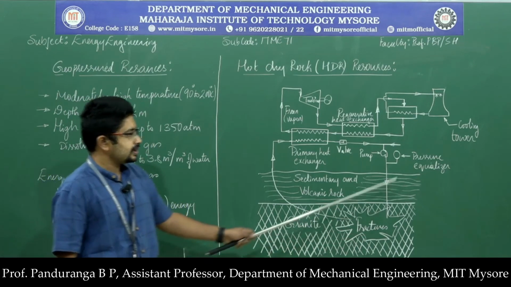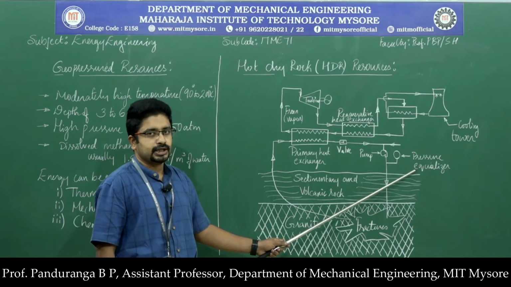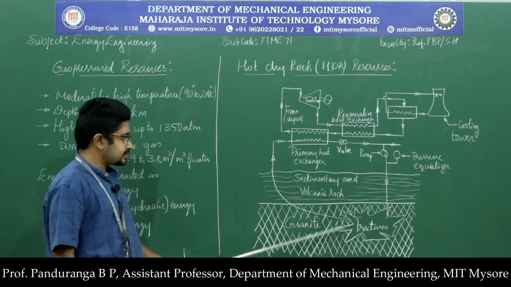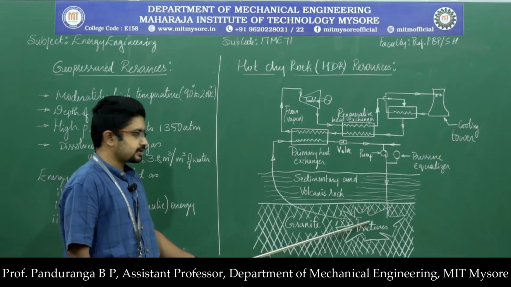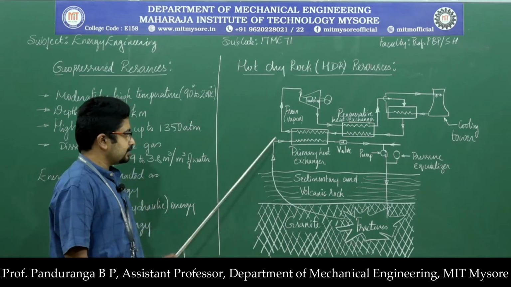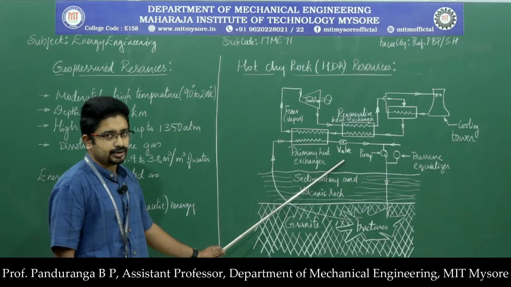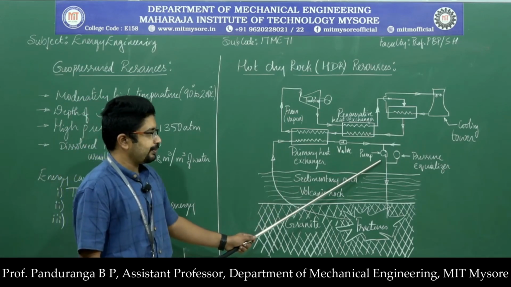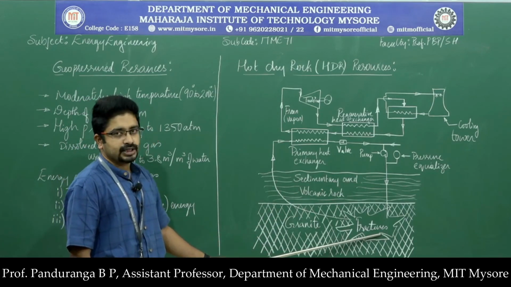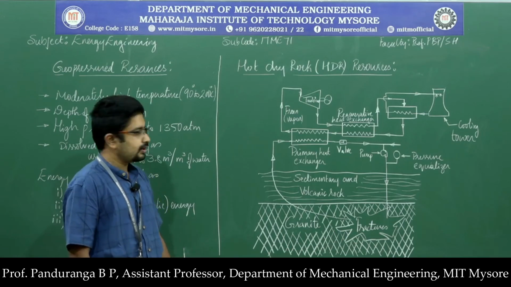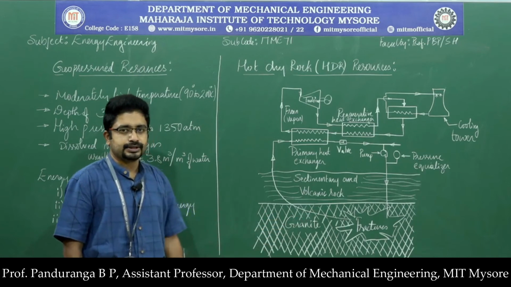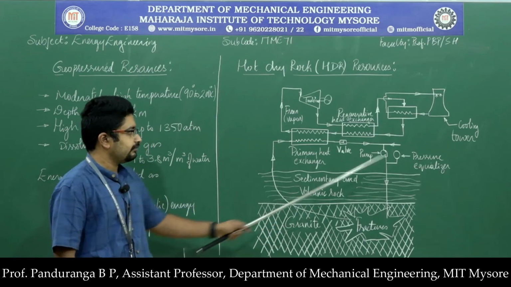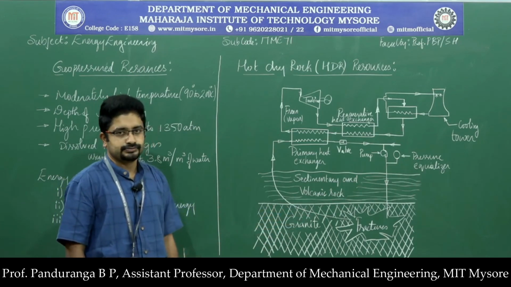For that purpose, here we have a pressure equalizer. This circuit is a closed circuit where the water flows from fractures to the primary heat exchanger and to the well. Then with the help of a pump, it will be pumped back to the geothermal source or the fracture, and to maintain a high pressure in this closed circuit, we have a pressure equalizer.